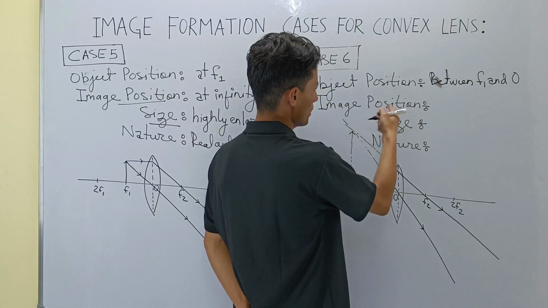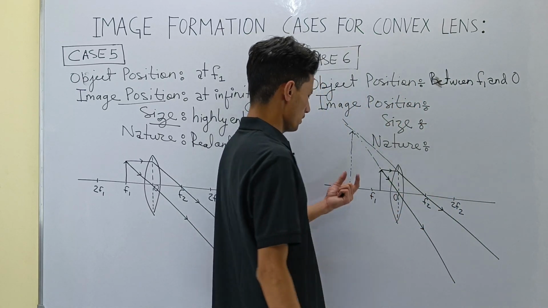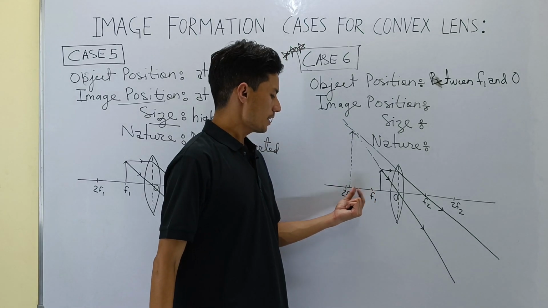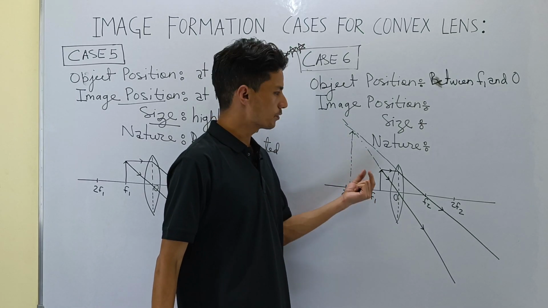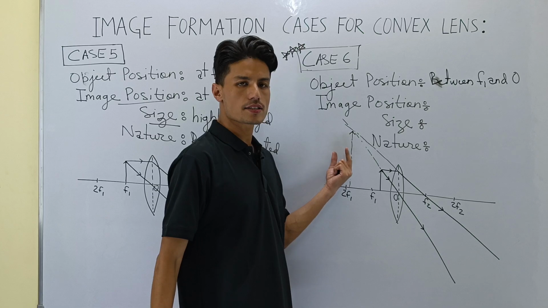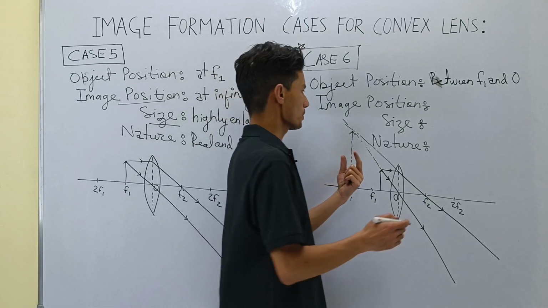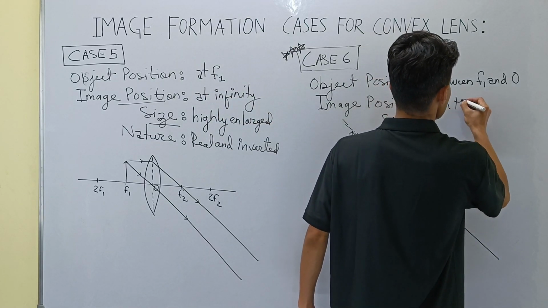Then image position, you don't need to write any specific position for the image. You just have to write: on the same side as object. That will do.